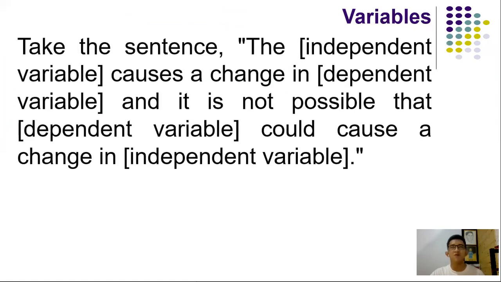The independent variable causes a change in the dependent variable, and it is not possible that the dependent variable could cause a change in the independent variable. Ang tanging pwedeng baguhin ay ang independent variable. Lahat ng mga pagbabagong magaganap sa dependent variable, ito ay dahil sa independent variable.